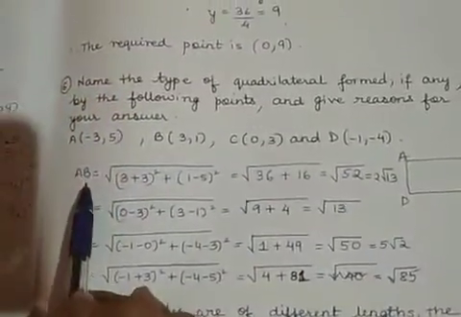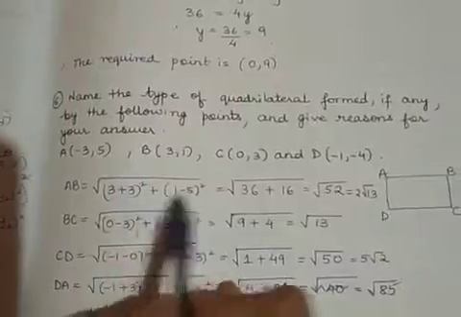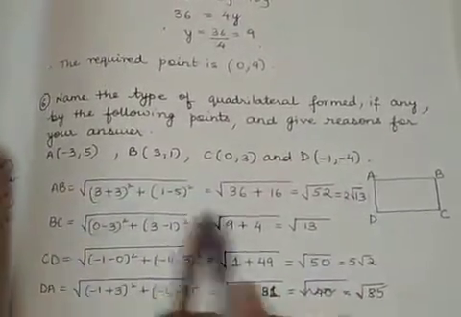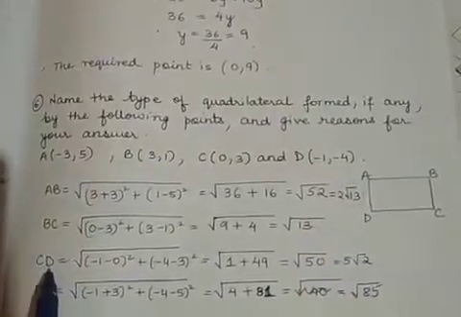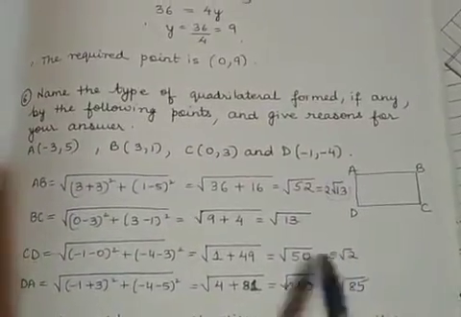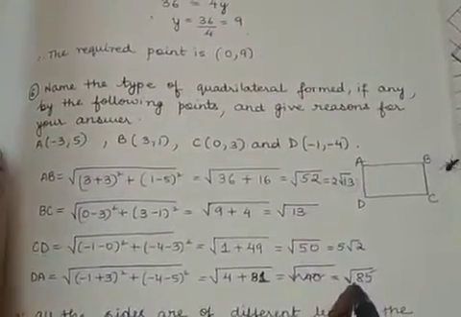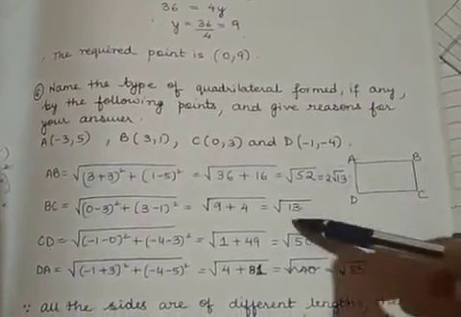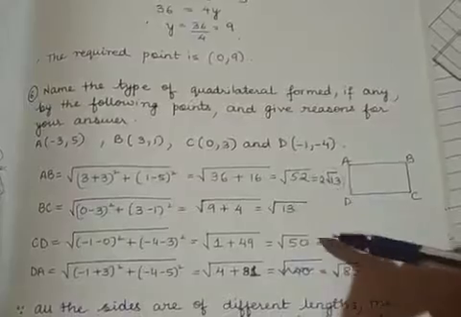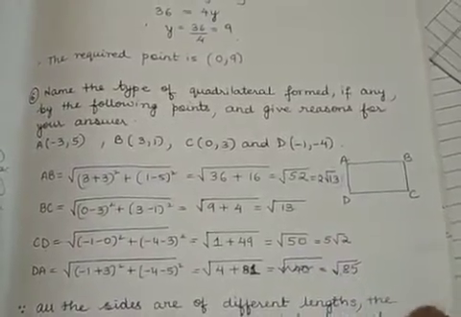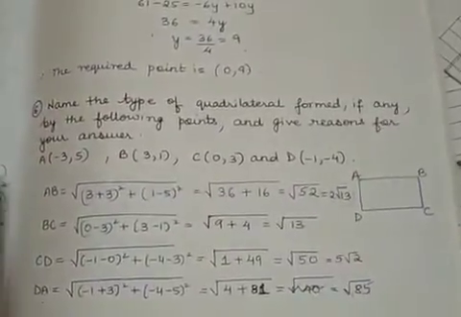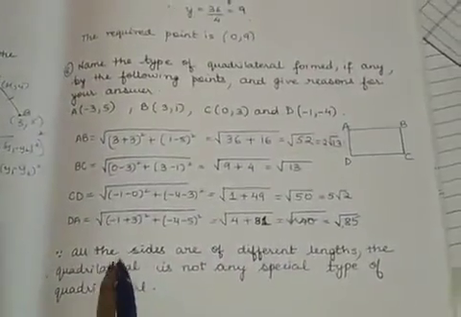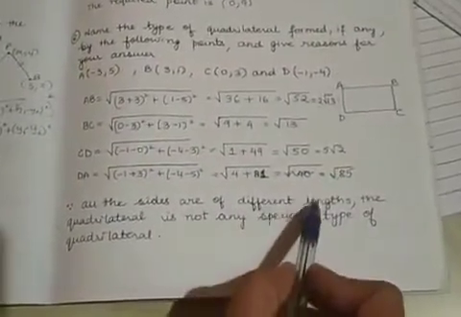So you find AB by taking the distance formula and you get this equal to 2 root 13. BC is root 13. CD is 5 root 2 and DA is root 85. You see that each of these sides has a different length, right? So since each of these sides has a different length, you can conclude that it is not any special type of quadrilateral.